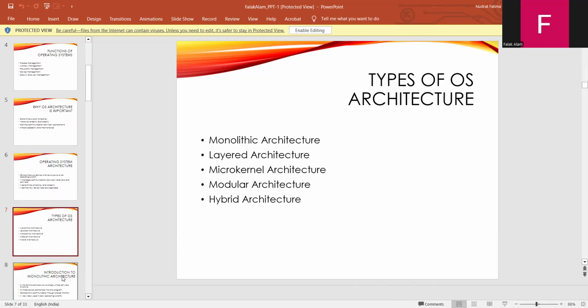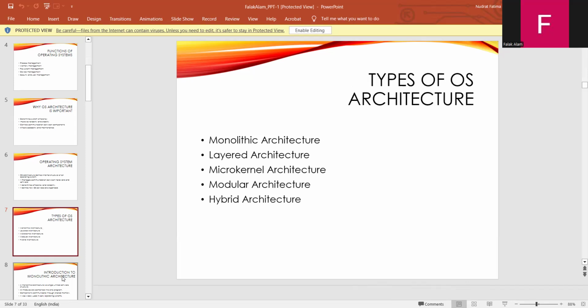In this monolithic architecture, all operating system services are combined into one large program. The services that we are using over the OS are all combined into one single large program. This is how a monolithic architecture is designed.